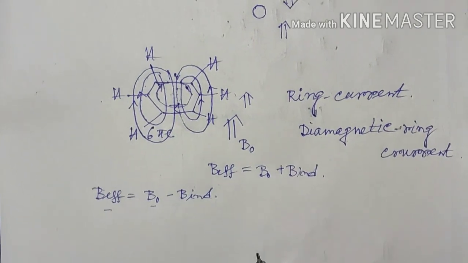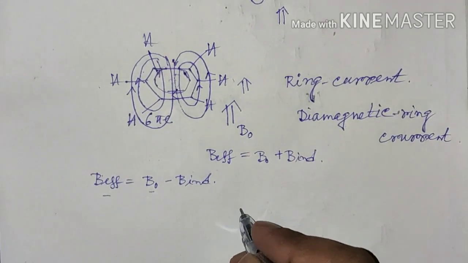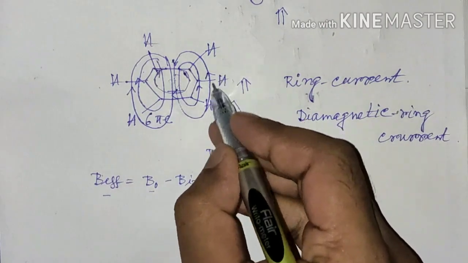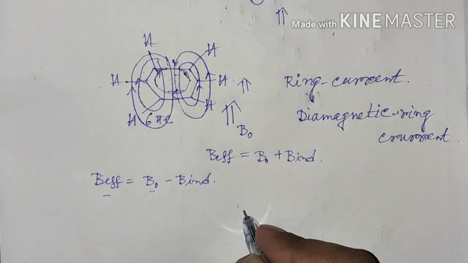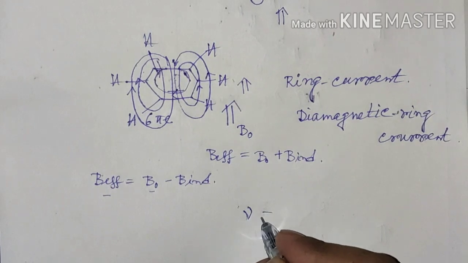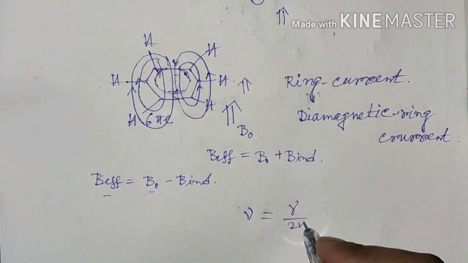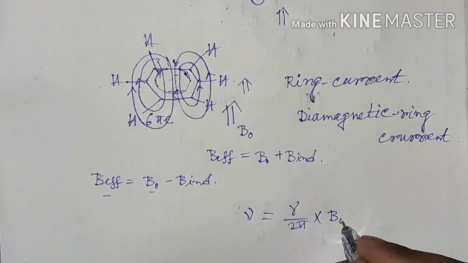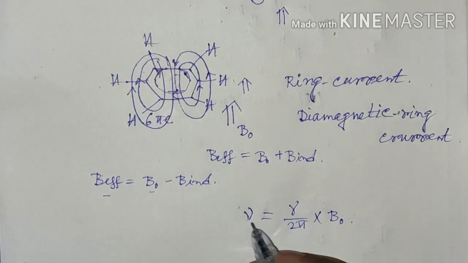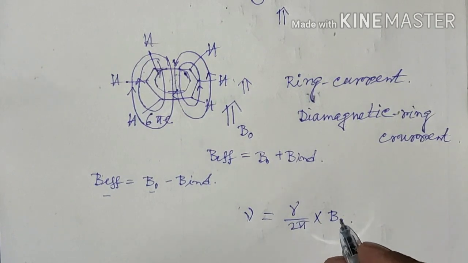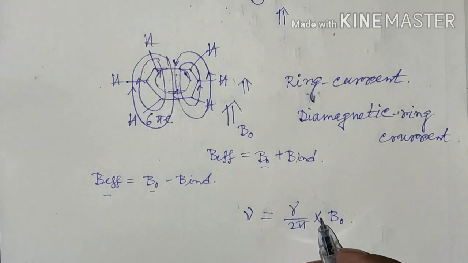Now from the formula of Larmor frequency, we know that the resonating frequency for any nucleus will follow this formula, that is, the frequency is proportional to the magnetic field experienced by the nucleus.